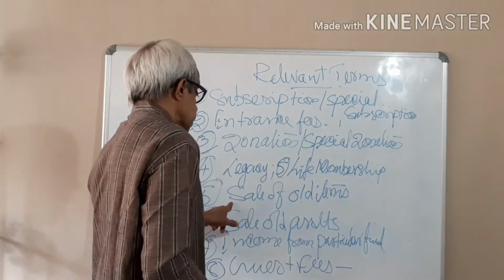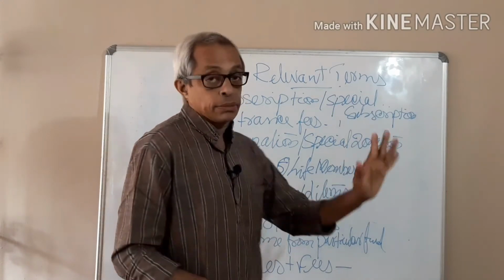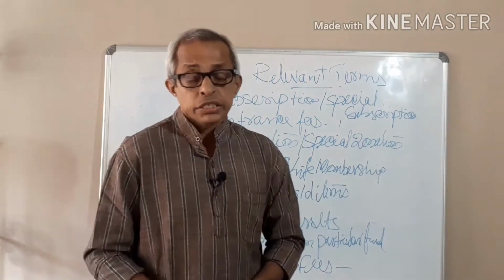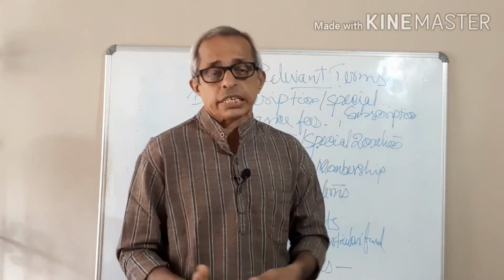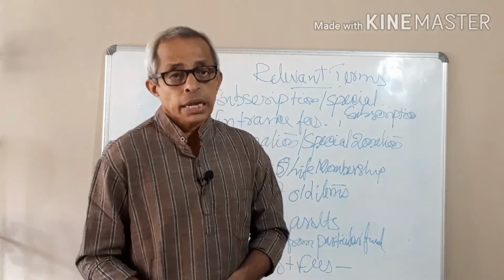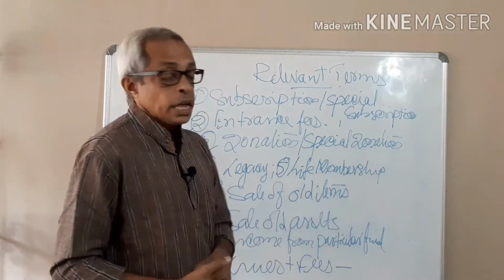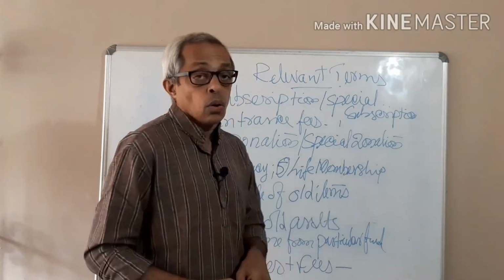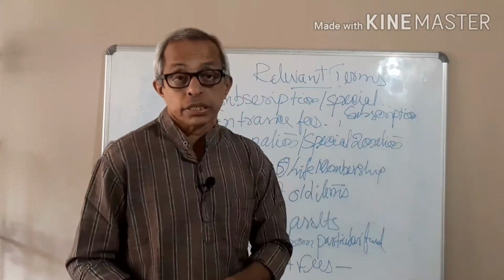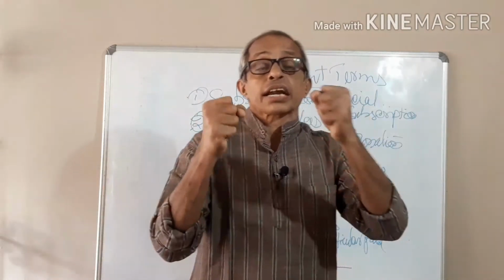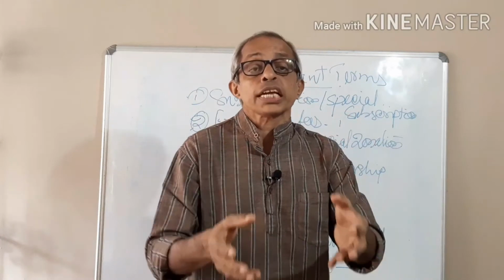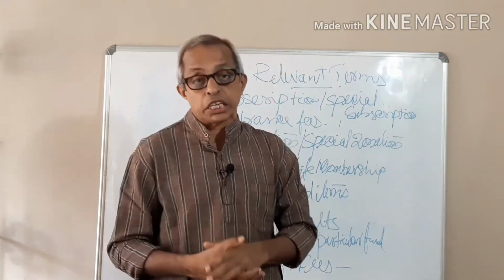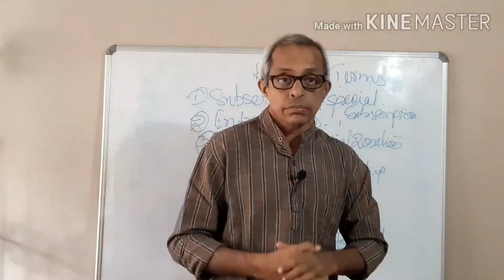And the next is sale of old items. Sale of old items means sale of old current assets, we can say like that. In such cases, the amount received on the sale of old items may be treated as revenue income, and the same should be shown on the credit side of income and expenditure account as income.